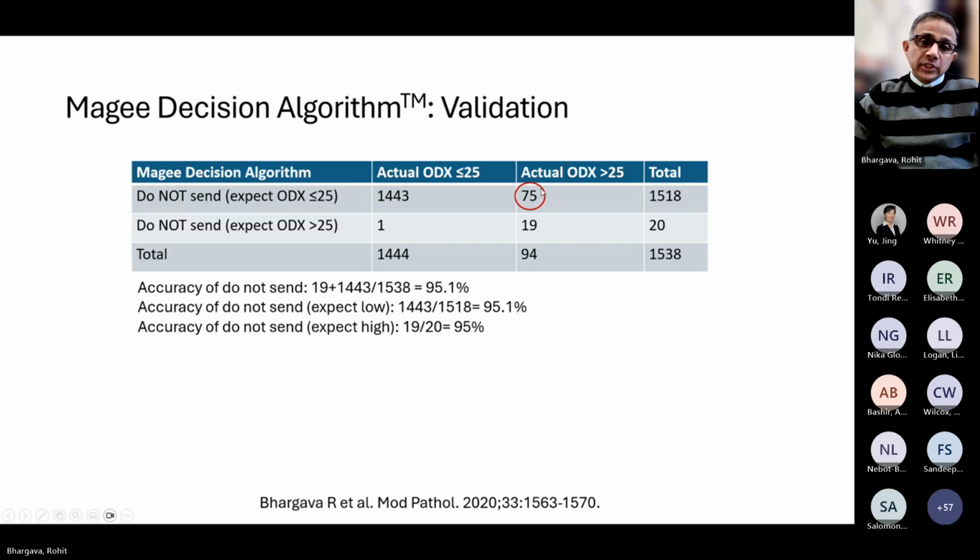And just like the previous prospective validation study, there were some discordant cases, but instead of reviewing the slides and doing the same thing we did last time, we wanted to look at the differences of clinical pathologic variables between concordant and discordant cases, and also look at the outcome of these cases.